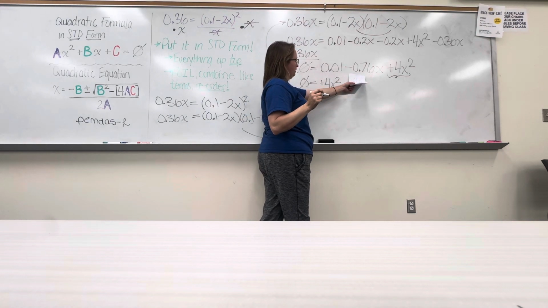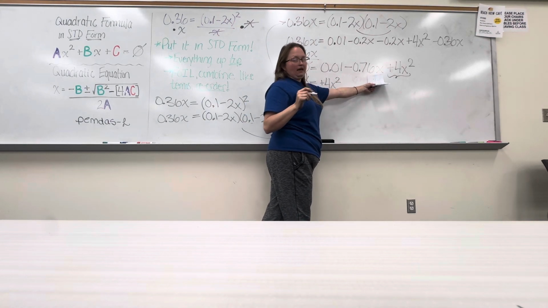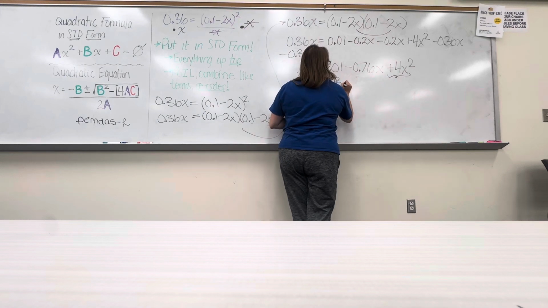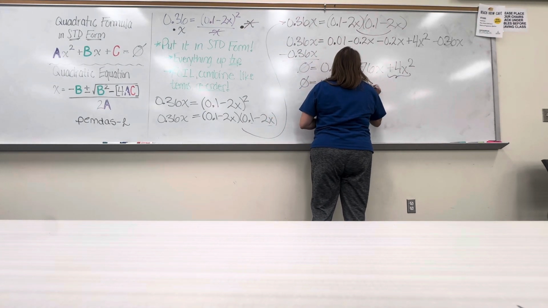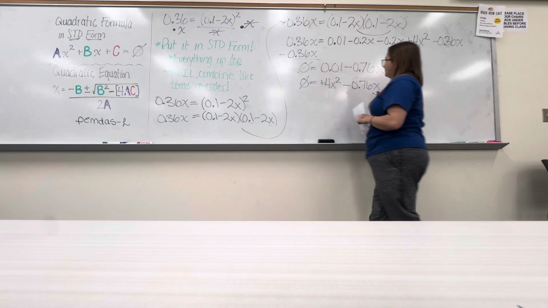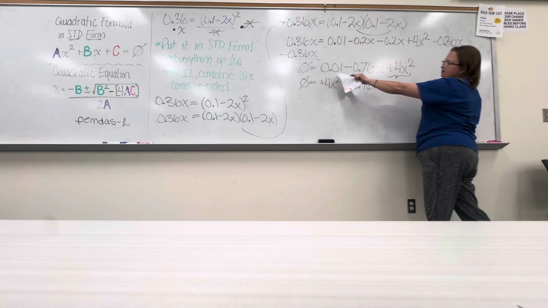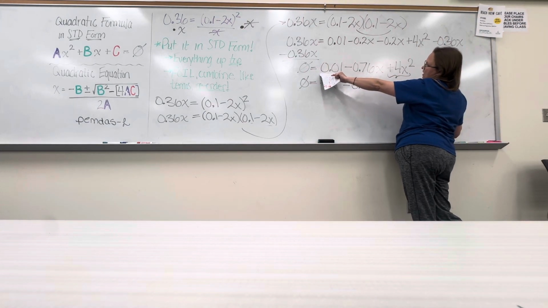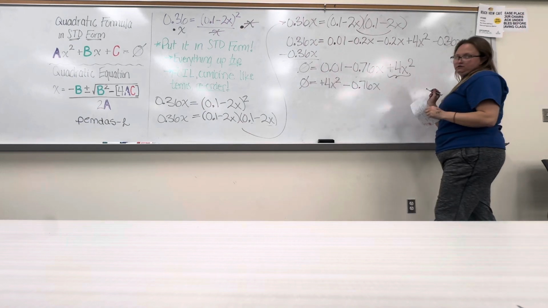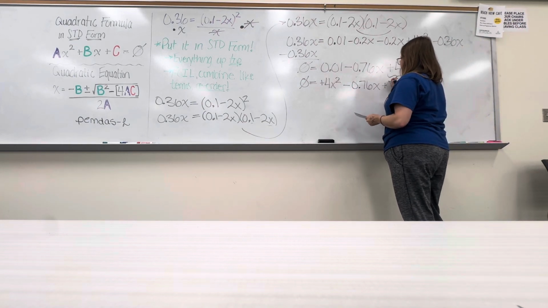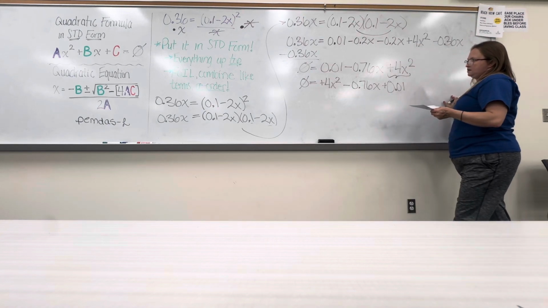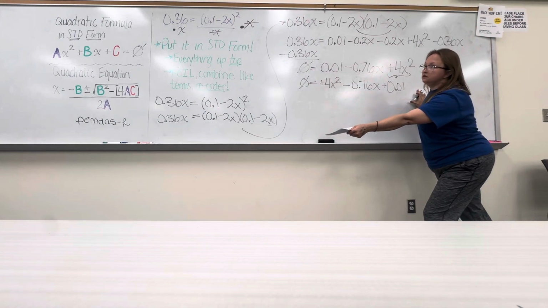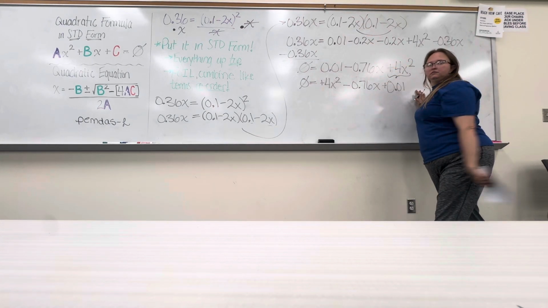We're going to take our b. It's attached to the x. So negative 0.76x. Then we're going to take our c, a positive 0.01. Okay? And boom, all of a sudden, we're in standard form, right?